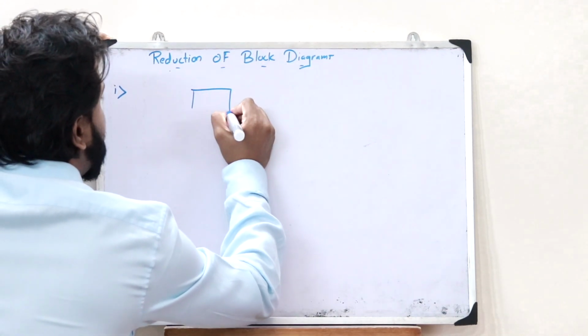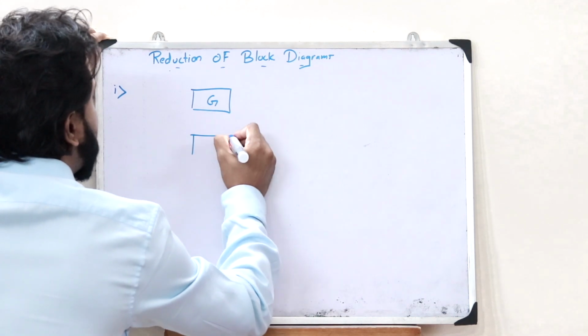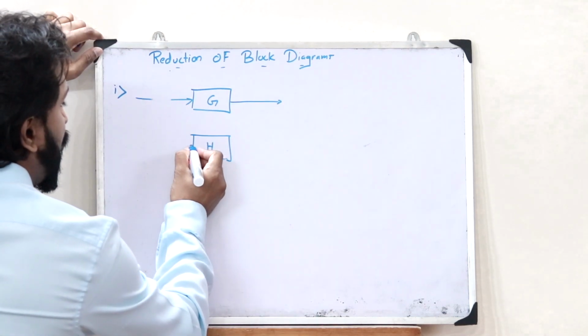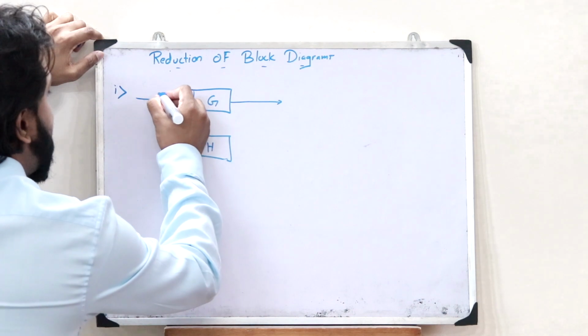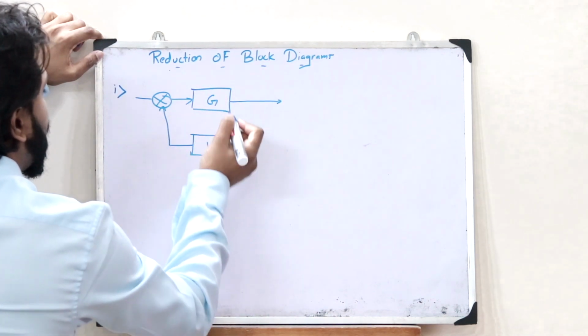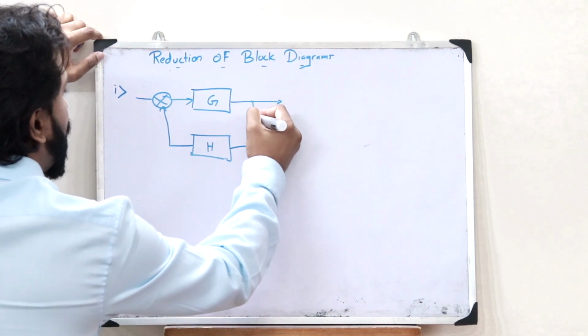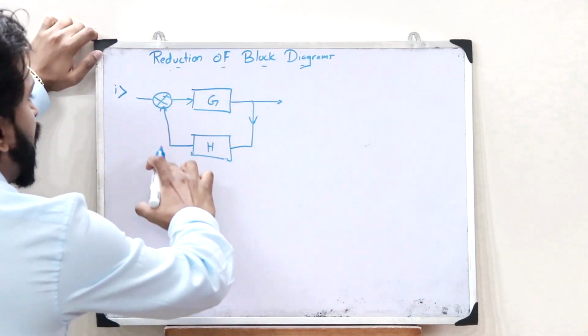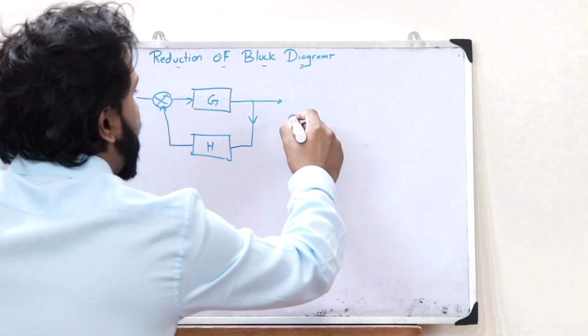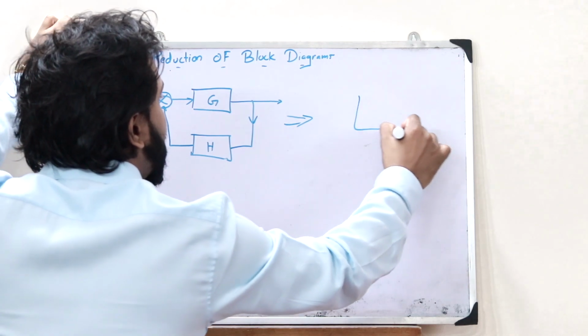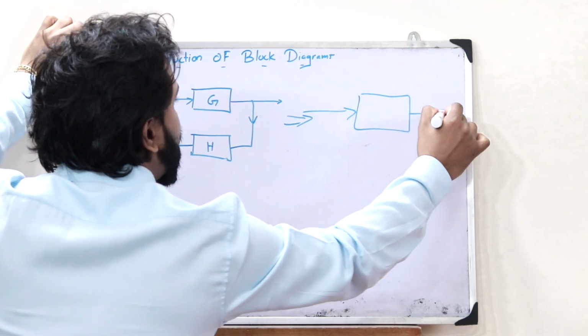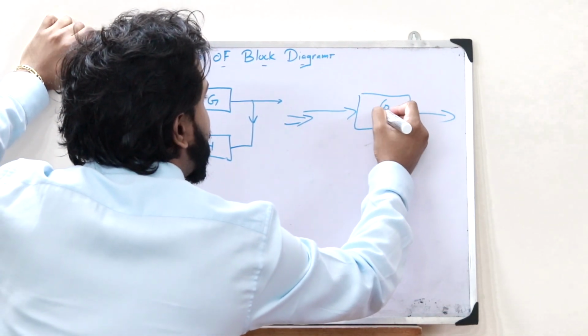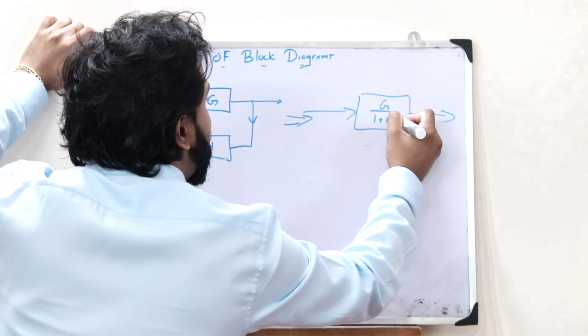So the first rule in the case of reduction of block diagrams states that if there are two blocks, say G and H, and if H is provided as a feedback to G, then this combination can be reduced into a single block given as G divided by 1 plus GH.